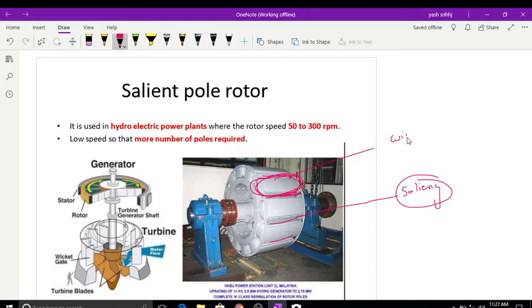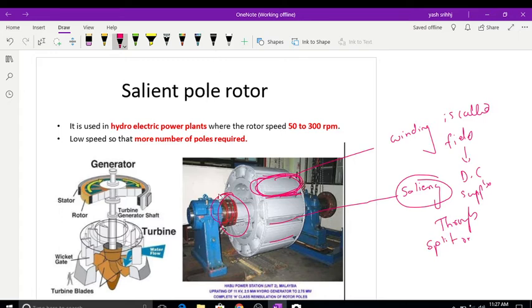This winding is called field winding. For this field winding, we should give the DC supply through split rings. You can clearly observe the split rings here. So through these two split rings, we need to give the DC supply to the field winding.